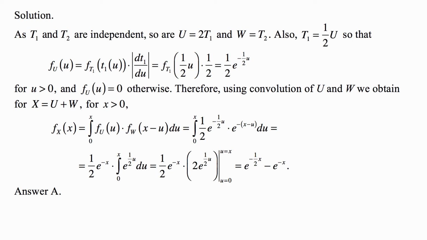That's the integral from 0 to x of 1/2 e to the minus 1/2 u times, since W is exponential with mean 1, f sub W of x minus u is e to the minus (x minus u), du. Well, then we can factor out 1/2 e to the minus x, which is not a function of u, times the integral from 0 to x of e to the 1/2 u du.